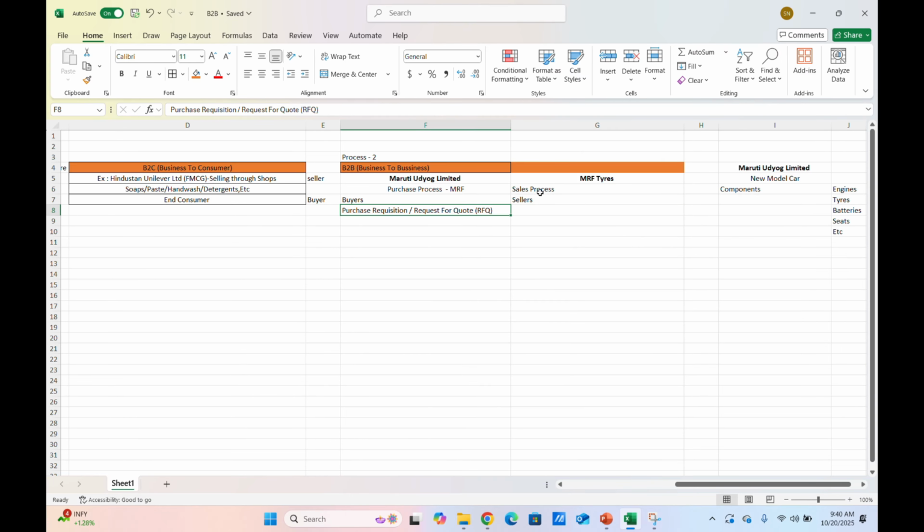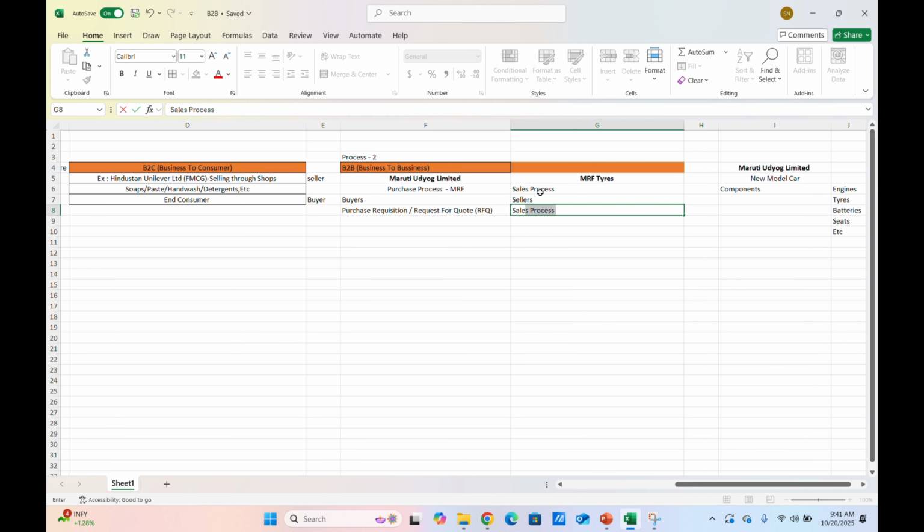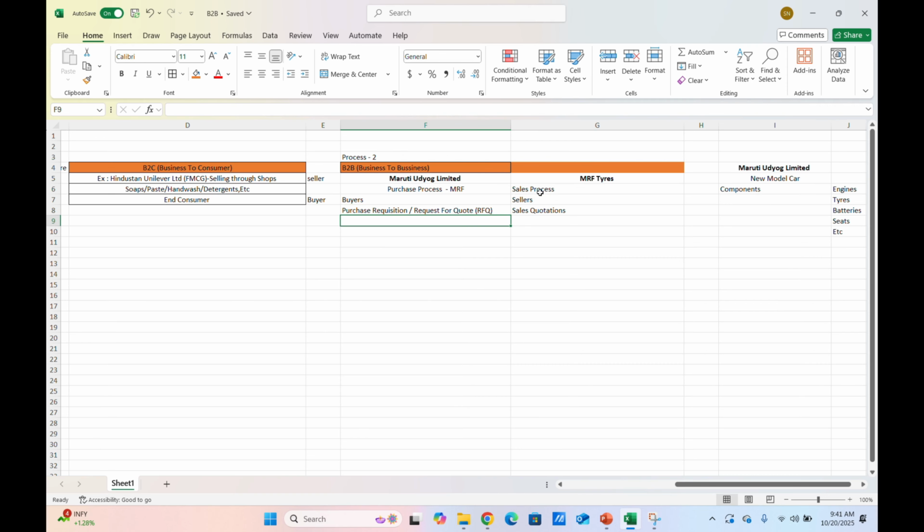And on this purchase requisition, MRF Tyres sends the sales quotation. Okay, they send the sales quotation to whom? To Maruti Udyog Limited.